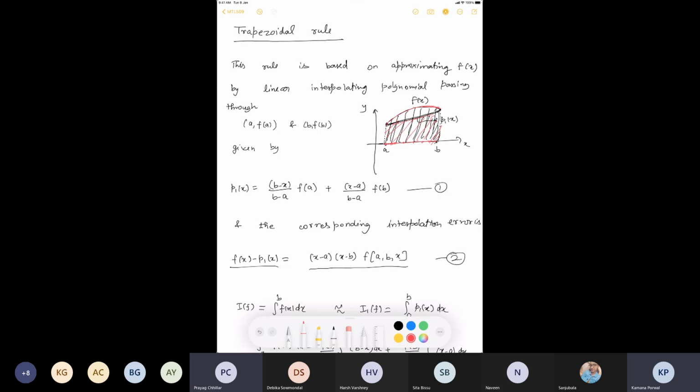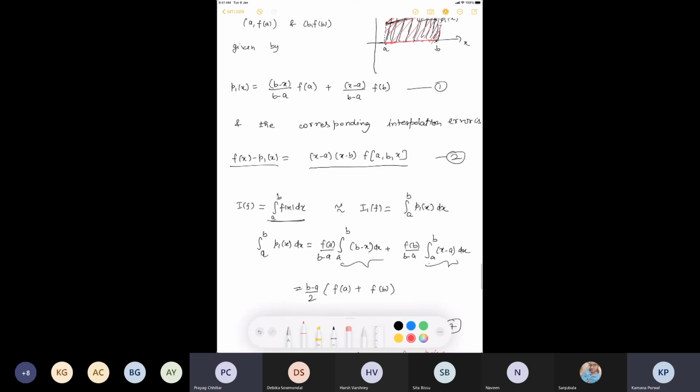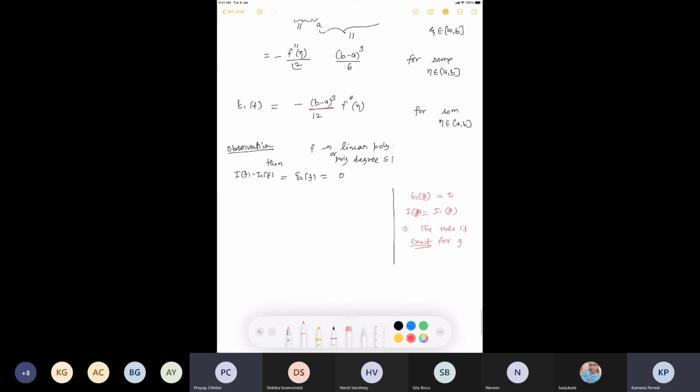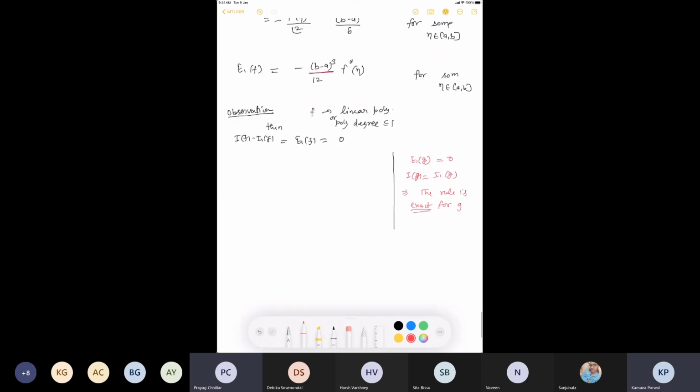Suppose in this interval I have a linear approximation, and then in the next interval again a linear interpolation. In that case, you expect to get a better approximation than approximating by a single linear polynomial in the whole domain, right? The rule which we are going to derive using this piecewise interpolation idea is called the composite trapezoidal rule.